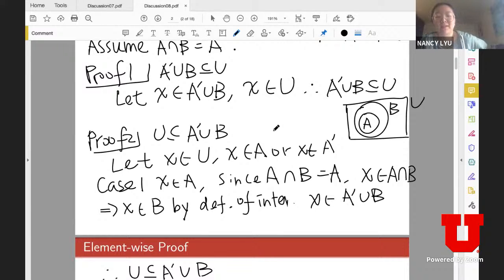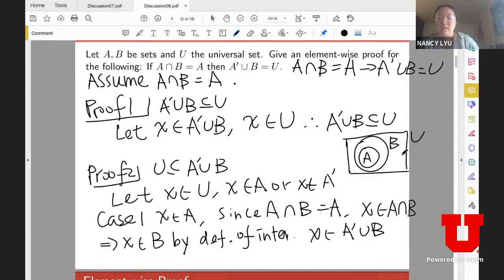One possible way is using if X is in A or X is in the complement of A, or you might think, oh, I can use if X is in B or X is in the complement of B. But since A is a subset of B, if X is in the complement of B, we know nothing about the relationship with A. Here, we're given X is in the universal set, so that basically means X is either in A or X is in the complement of A. Because you actually want to show that X is in the union of the complement of A and B, we want to use the fact that we're provided here.